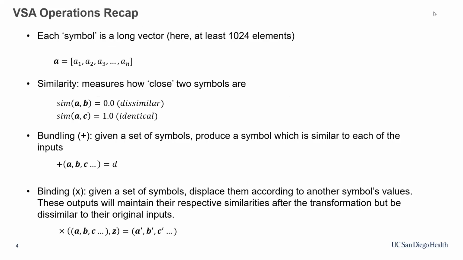Now, the other two common operations are bundling. Given a set of symbols, we produce an output symbol, which is as similar as possible to each of its inputs, and binding, that given a set of symbols, you sort of displace them according to another symbol, and each of the outputs will be dissimilar to its original self, but the similarities between all of those inputs will be maintained after the transformation.